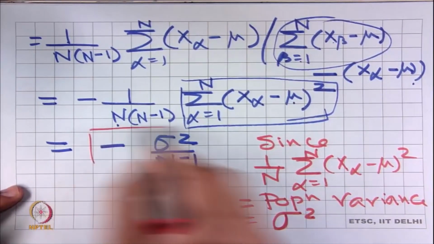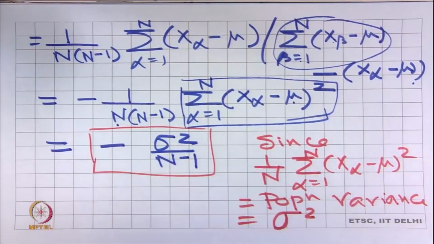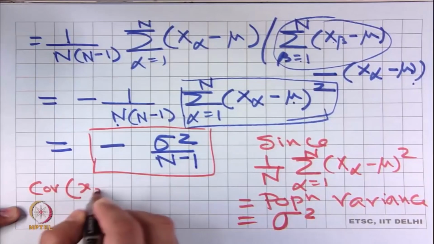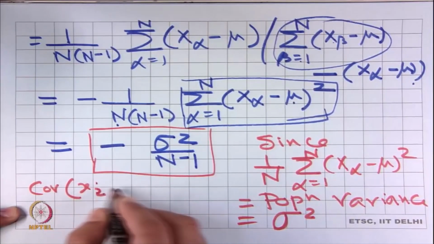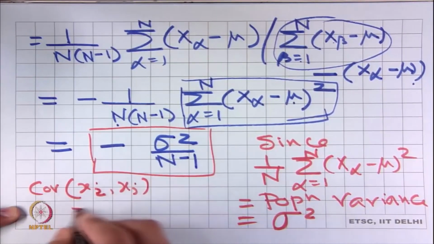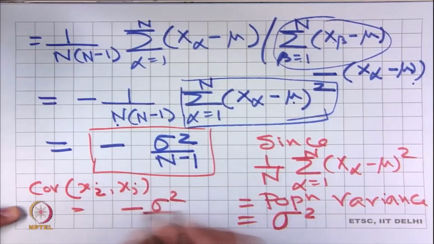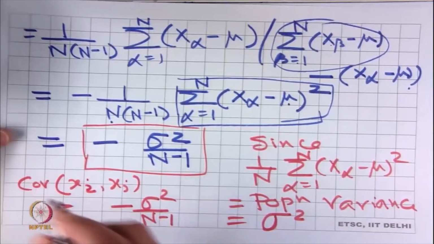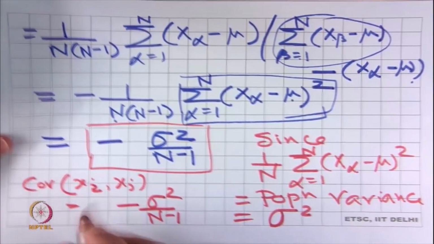So, we have got that the covariance between x i and x j is equal to minus sigma square by n minus 1, as we started with.